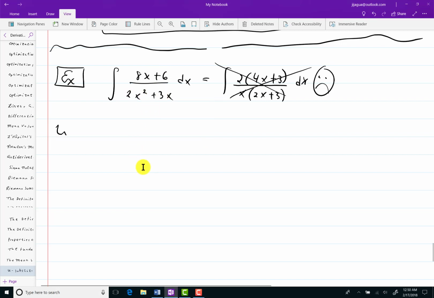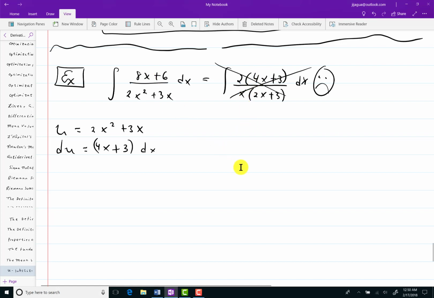So u equals 2x squared + 3x, and du equals (4x + 3) dx. Now, interesting. Factoring out that 2 may not have been a waste of time. Look at that 4x + 3 sitting there.